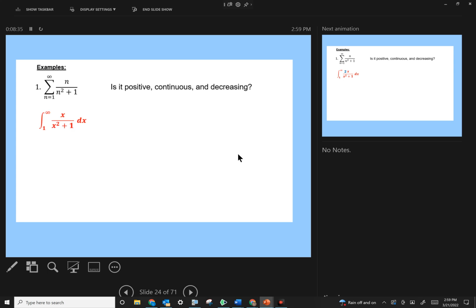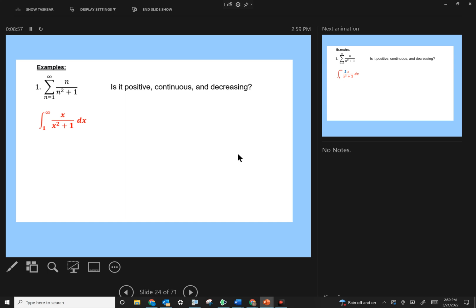Okay? Can we integrate it? And so we think of it as x's. Remember I said just replace the sigma sign with an integral. Think of it as x's. I see a nod. How would I integrate that? Don't I want to think about it? Could it be a u prime over u?